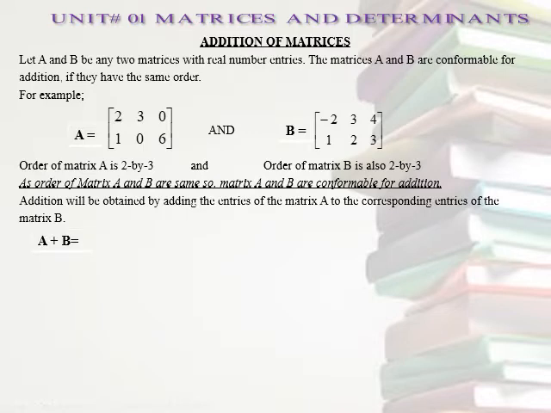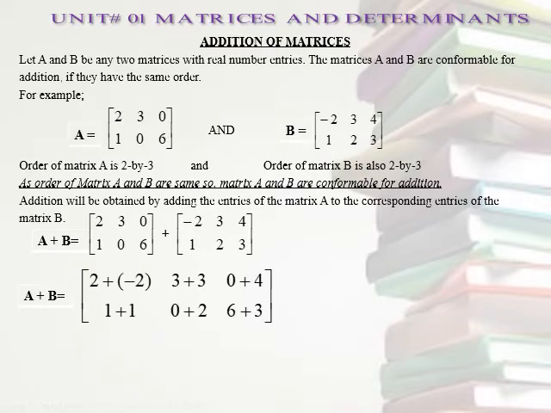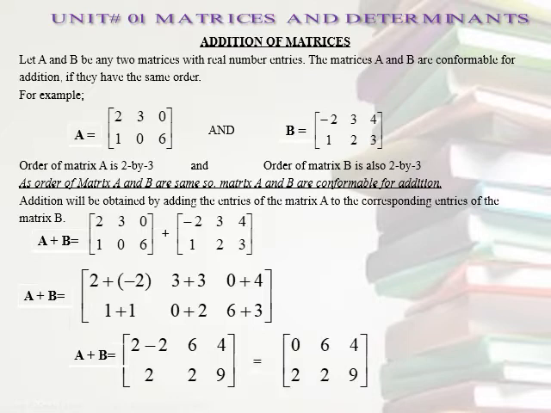As you can see that A is written first, so I'll write matrix A first, then plus sign, and then matrix B. In this step, I'll add the entries of the matrix A to the corresponding entries of the matrix B. After addition, I'll get this matrix, as 2 minus 2 is equal to 0. So here is the required matrix. This is what the addition of matrices is.